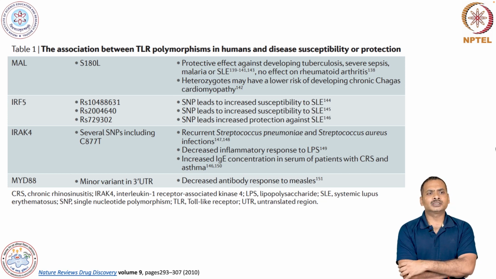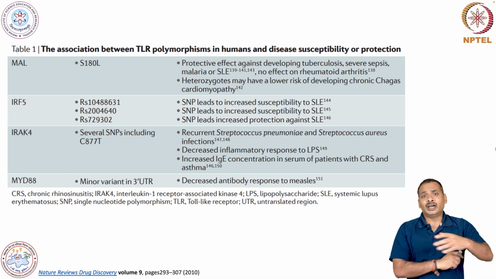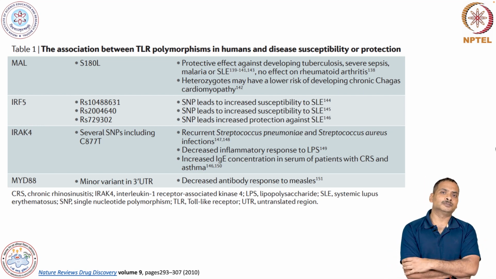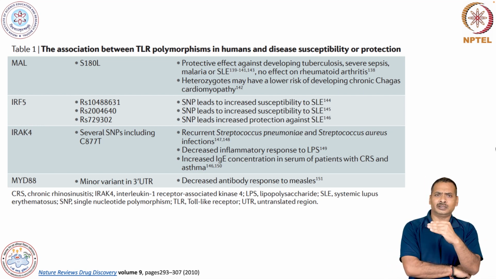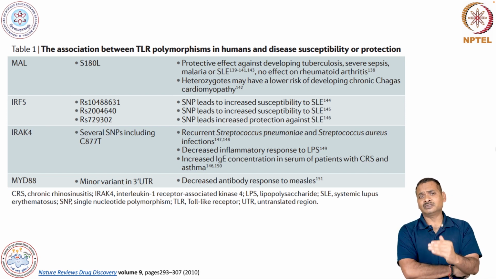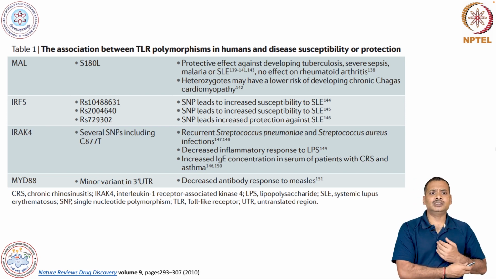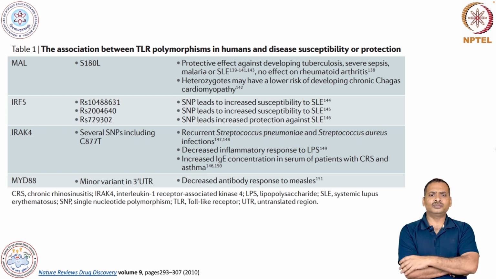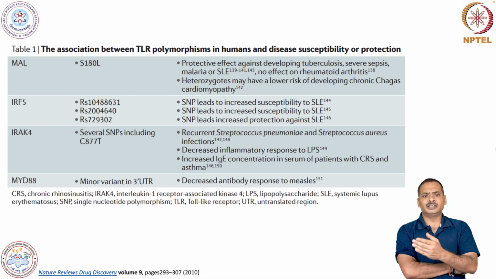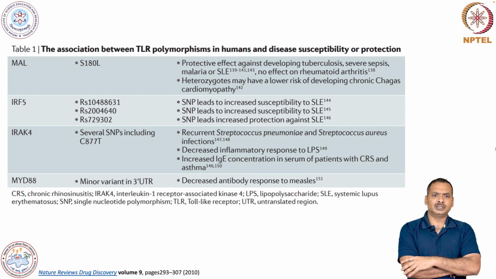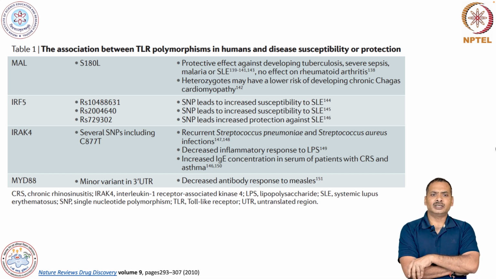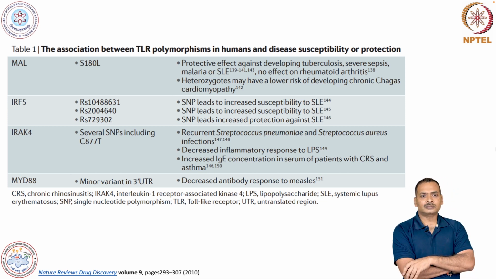Another molecule is IRF5, and IRF5 plays a very important role in induction of type 1 interferon as well as inflammatory cytokines. There are some mutations or polymorphisms reported, and it has been shown that these polymorphisms lead to increased susceptibility to SLE.